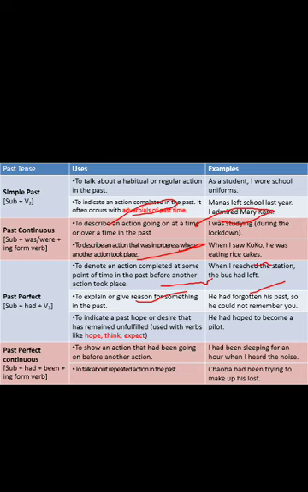Now, past perfect is also used to indicate a past hope or desire. But in such sentences, we usually find words like hope, think, expect. So, for example, he had hoped to become a pilot.